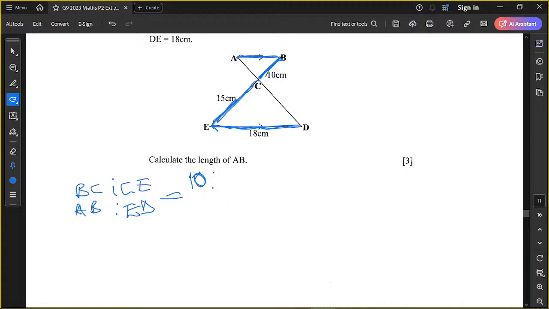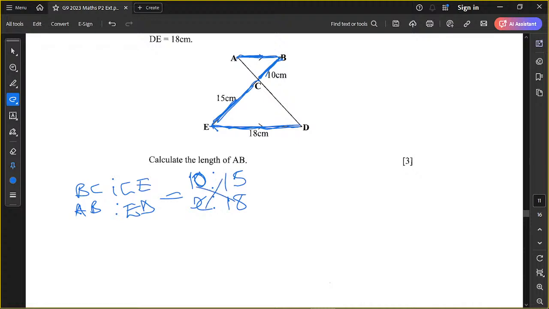Then EC, that is 15 centimeter. Then AB is not given, we put x. Then ED, that is 18. Now, once we have this ratio, we just cross multiply.